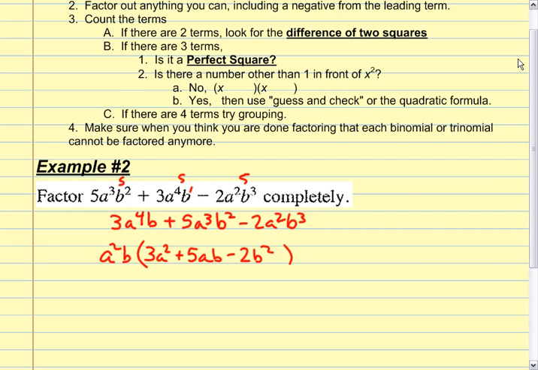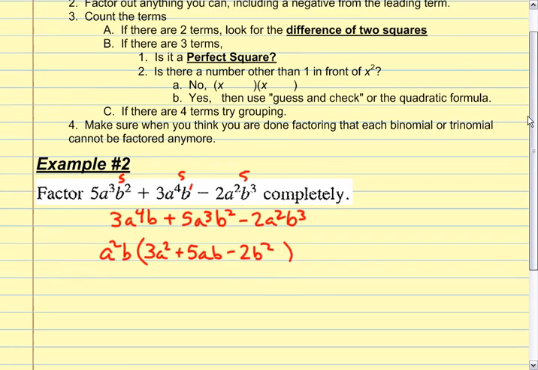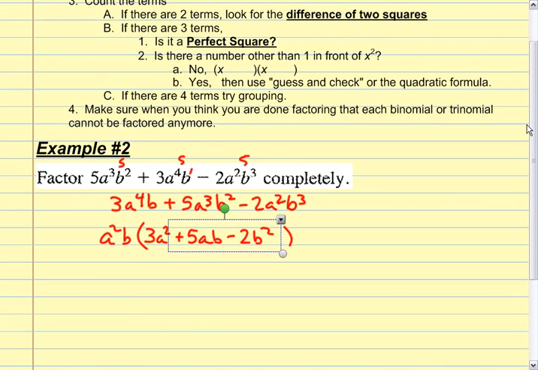Now, the next thing I need to do is look at what's left and count the terms. So I have 1, 2, 3. 3 terms inside those parentheses. So, if there are 3 terms, is it a perfect square? Well, I can look at this and see that it's not a perfect square because 3 isn't a perfect square, right? And 2 isn't a perfect square, so it's not that. Is there a number other than 1 in front of the x squared?